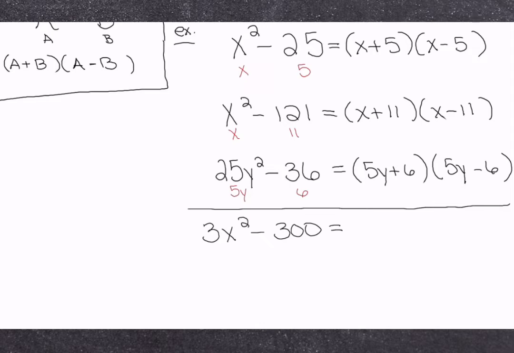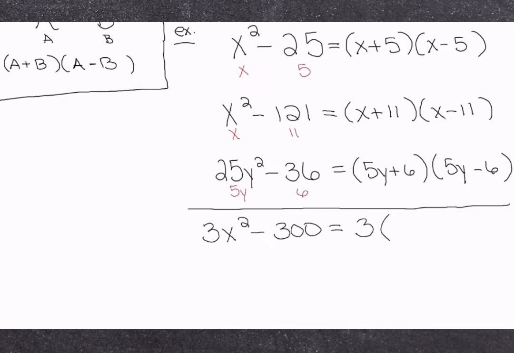So, is there a GCF? I'm going to continue to ask the same questions, just so we can consistently use the same techniques. In this case, yes, there is a GCF. There's a number that goes evenly into 3 and 300, and that number is 3.